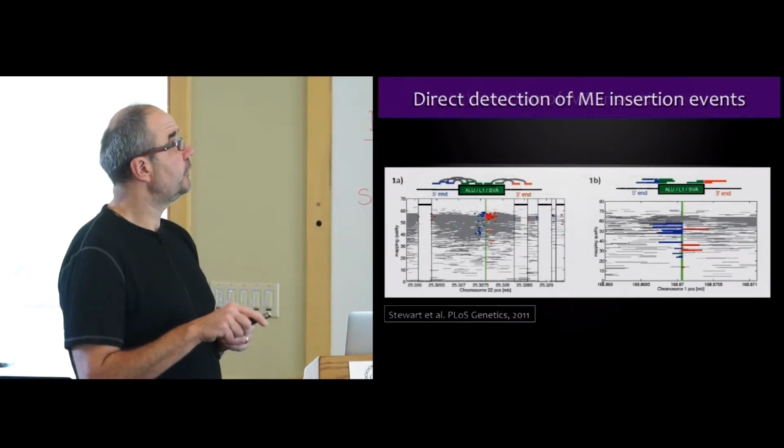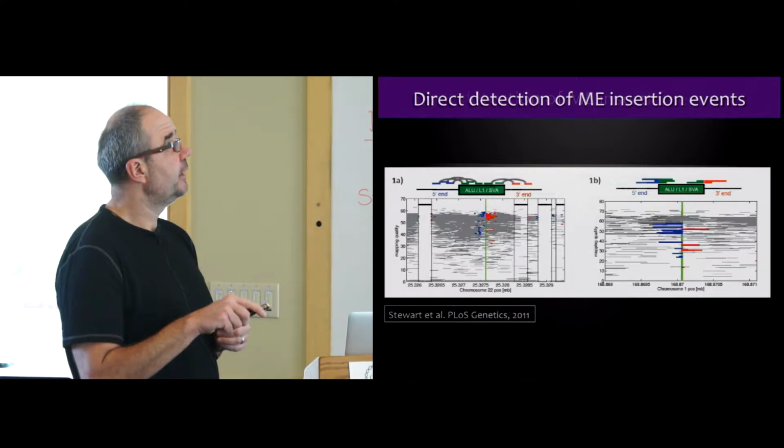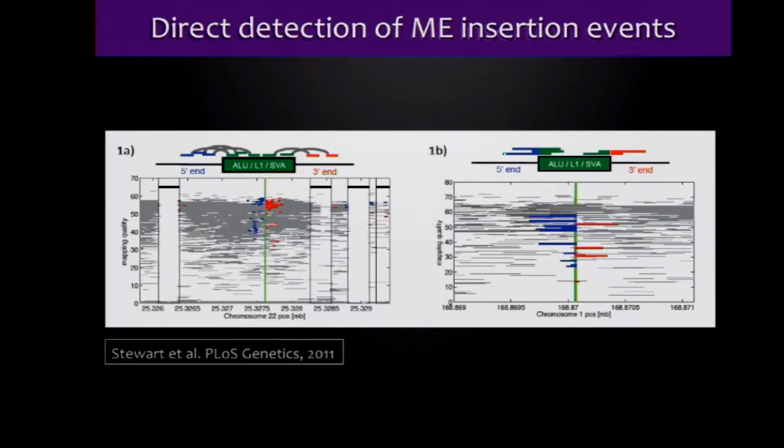Another way to do it is to look for reads that align really well to the reference sequence, and at some point they stop aligning to the reference but start aligning to the sequence of these insertion elements. So this is a split read approach, and the other was a read pair approach, to detect the same type of events. Okay?